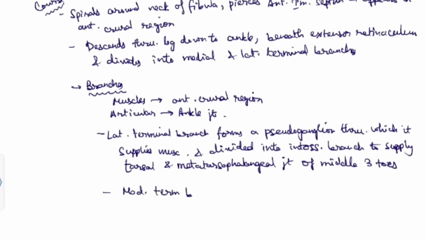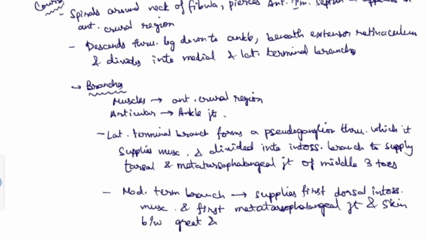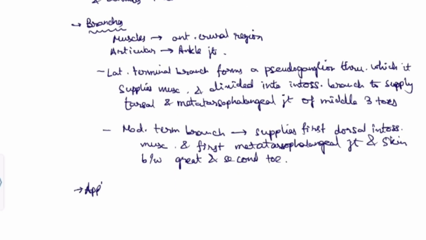The medial terminal branch supplies the first dorsal interosseous muscle, the first metatarsophalangeal joint, and skin between the great and second toe.